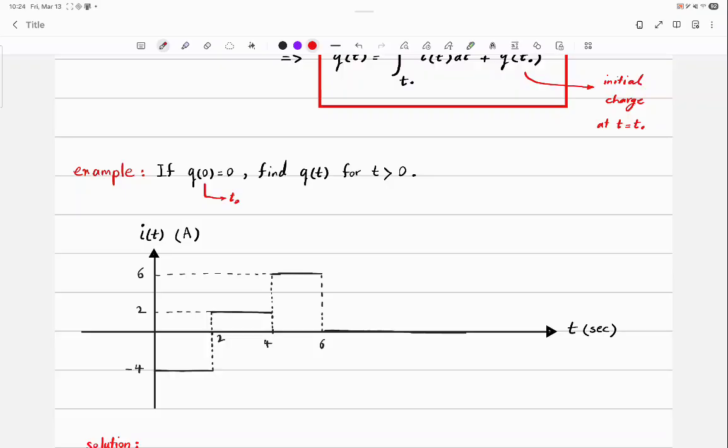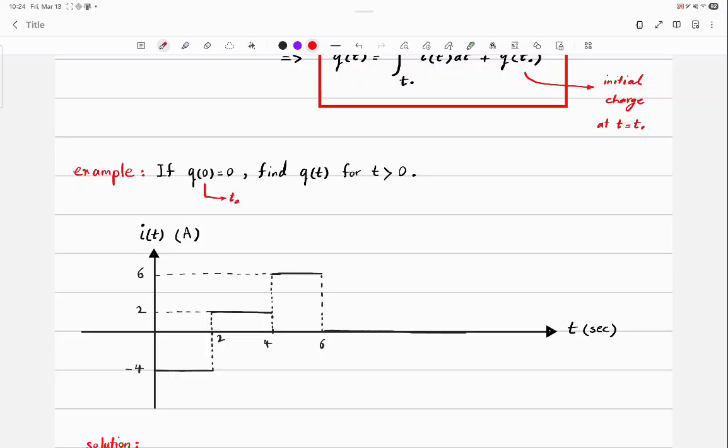Remember, the end point of the first interval is the starting point of the second interval. Integral from 2 to t. What's the value of the function between 2 and 4? 2, right? Plus, what's q of 2?